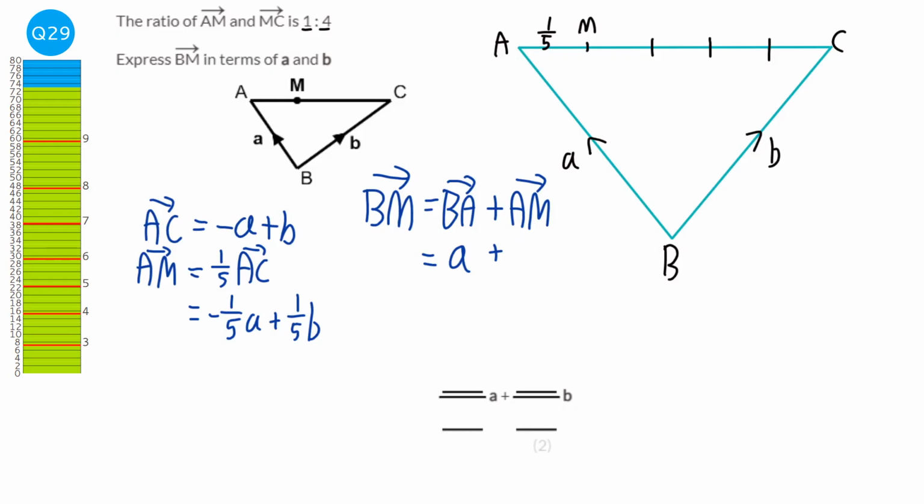And it should be minus 1/5 A plus 1/5 B. And so A minus 1/5 A is going to be 4/5 A. And then we've got the 1/5 B. So it's going to be 4/5 A plus 1/5 B.